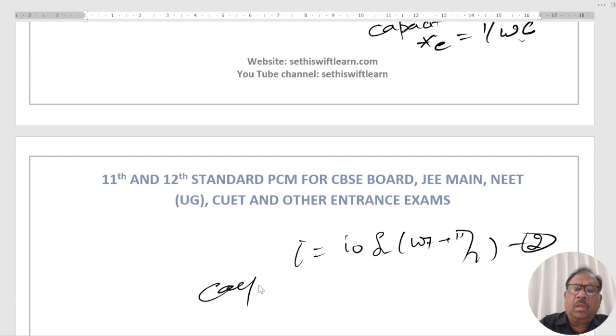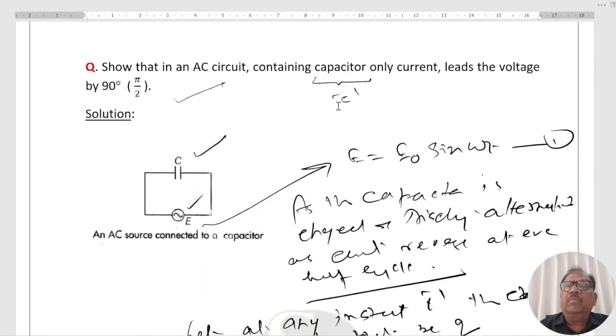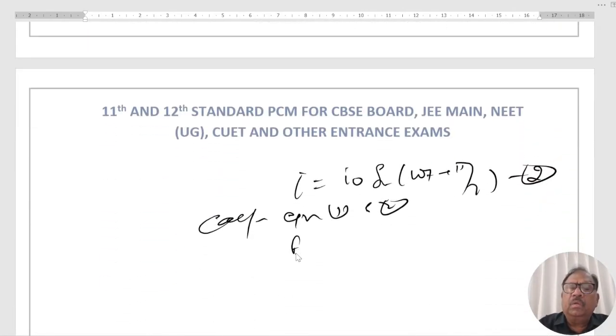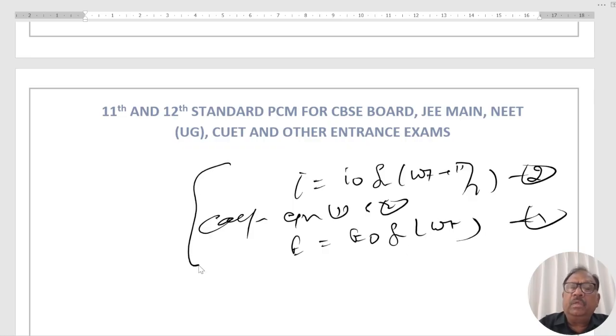Comparing equation 1 and 2, 1 is E equal to E naught sin of omega t. On comparison, first of all we have to make both terms sin and sin, if it is cos then convert it to sin.